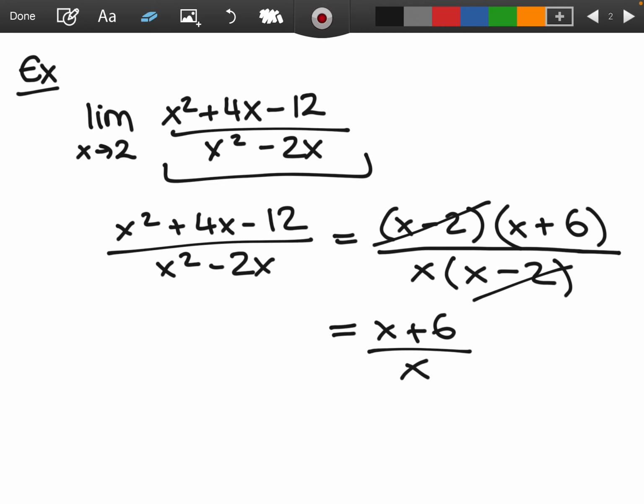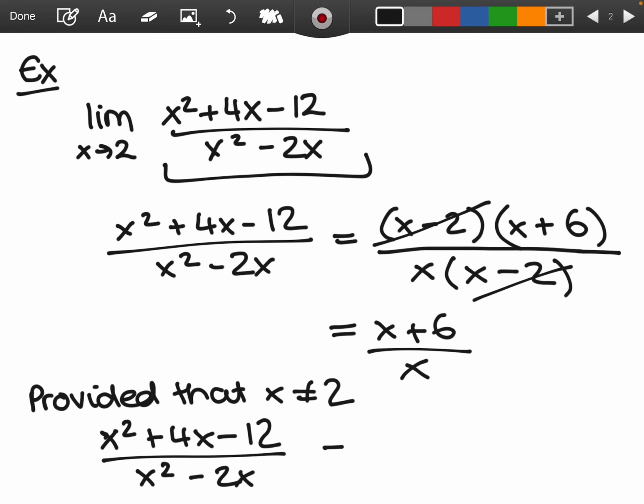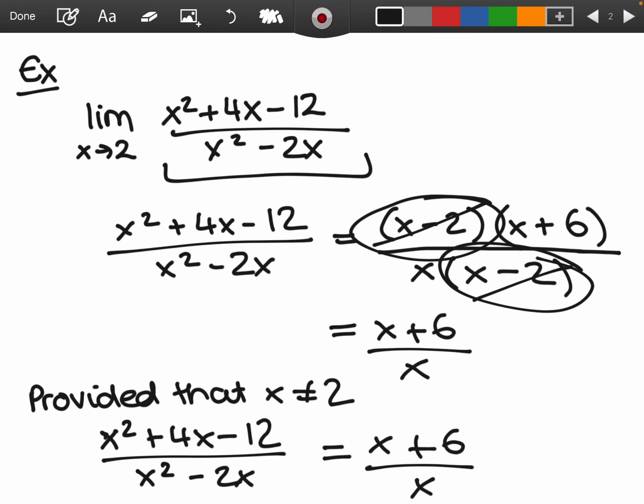So now I'm going to say that provided that x doesn't equal 2, I know that x squared plus 4x minus 12 over x squared minus 2x equals x plus 6 over x. That is true as long as x doesn't equal 2, because when x equals 2, I will have cancelled out a 0 here, which of course we can't do.